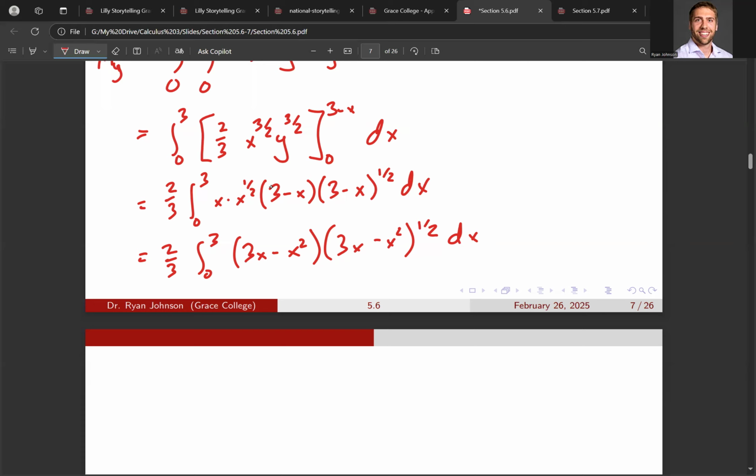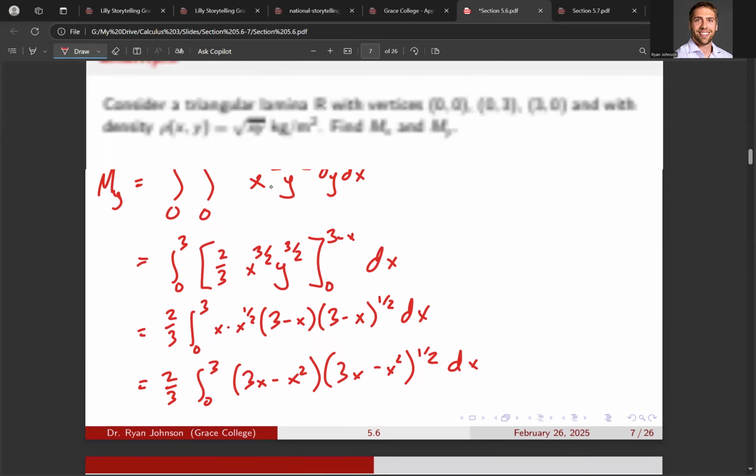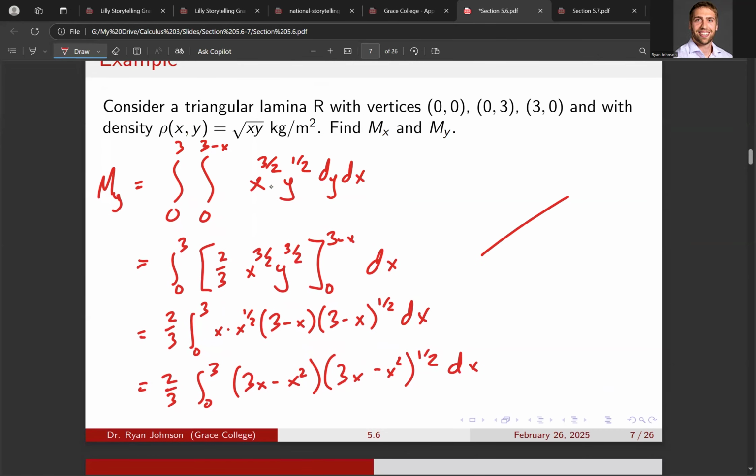Or I could do trig substitution. I'm feeling like doing trig substitution today. All right. If I'm doing trig substitution, I'm just going to write it like this to the 3/2 power.